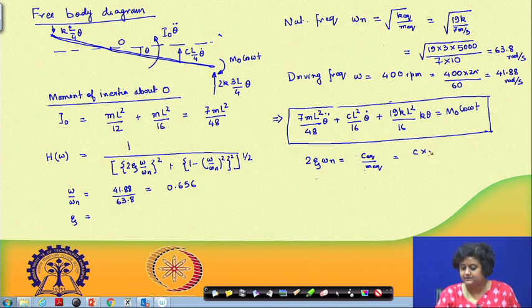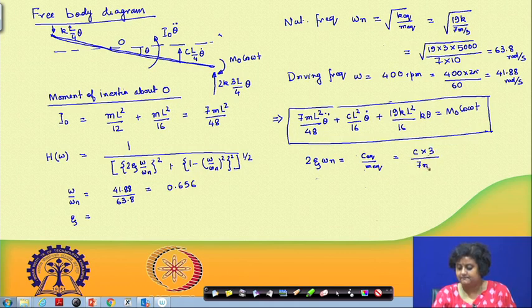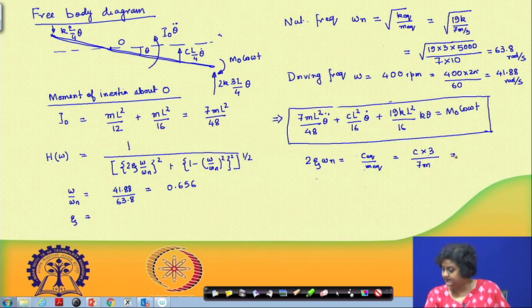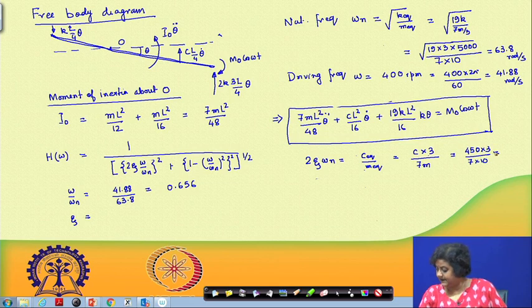So, I have C into 3 by 7 M. C is given as 450 Newton second per meter, so 450 into 3 by 7 into 10 kg.